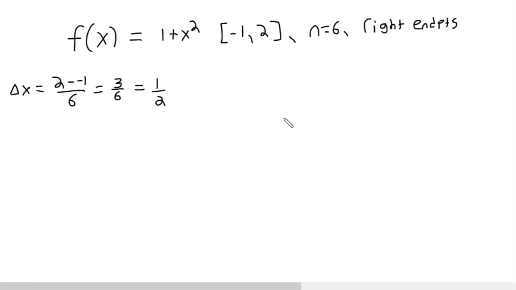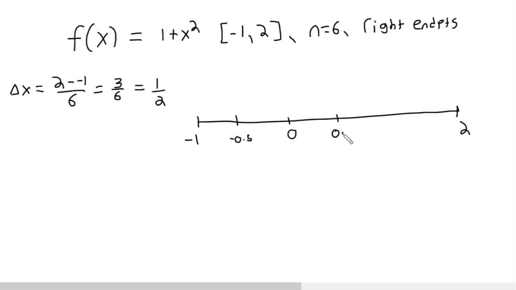Okay, and now let's just draw the number line really quickly. Again, the number line is just the fastest way in my opinion. So I'm starting at -1 and I'm ending at 2. And then I need to determine where to put each of my little tick marks. So from -1, I'm going to go over 1/2 because that's my delta x. So -0.5, just adding 1/2 to this, and then over another 1/2, and then over another 1/2, and then over another one, and then over one more.